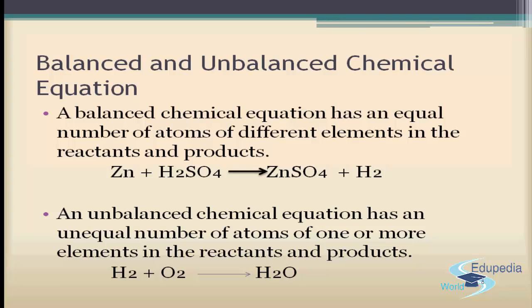So if we count the number of hydrogen atoms and oxygen atoms in the reactant as well as on the product side, we'll see that there are two hydrogen atoms in the reactant as well as on the product side, but the number of oxygen atoms in the reactant is 2 and in the product it's 1. So this is what we call an unbalanced chemical equation.